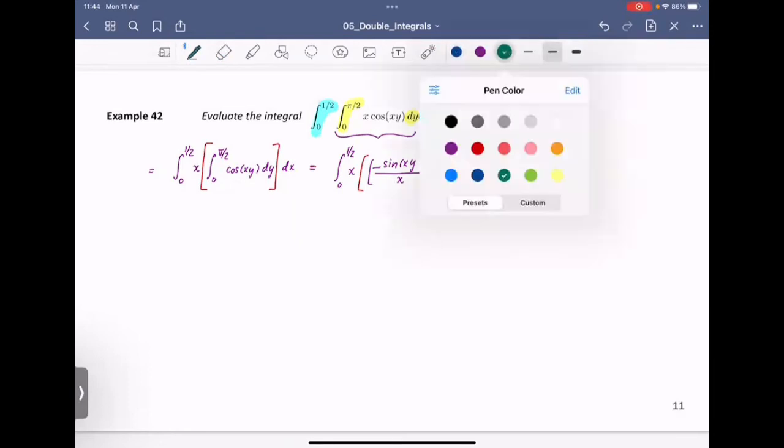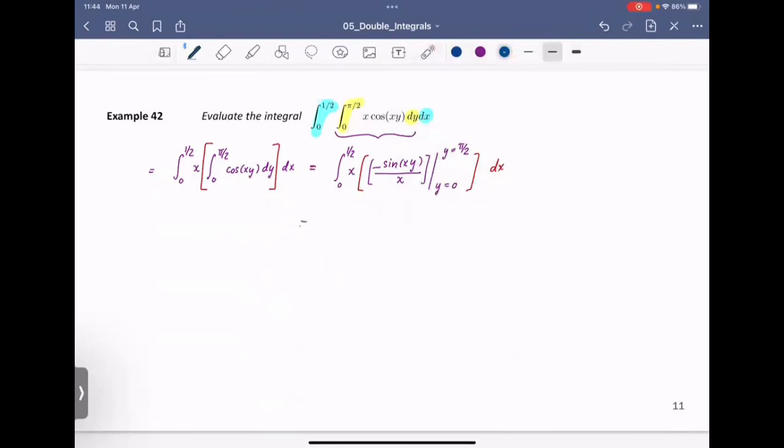So let's look at the next step, everyone. Before that, let's plug in numbers. So x, and then I plug in y now, negative sine pi over 2 x over x, and then negative again, sine y equal to 0. I love 0.